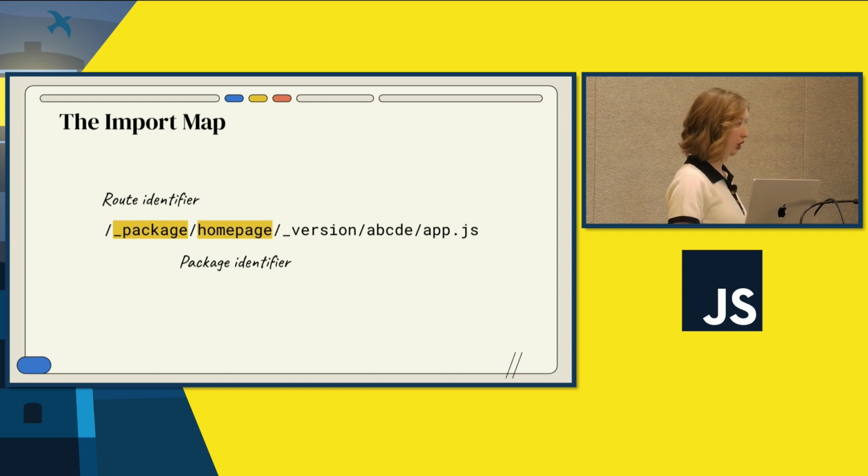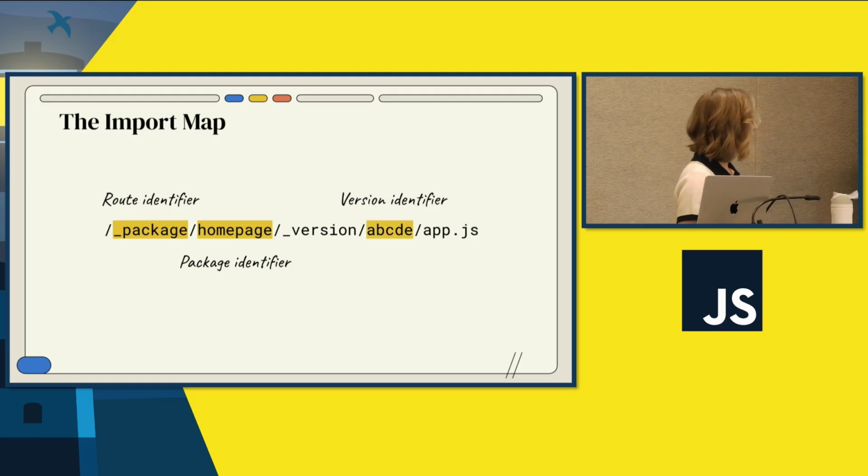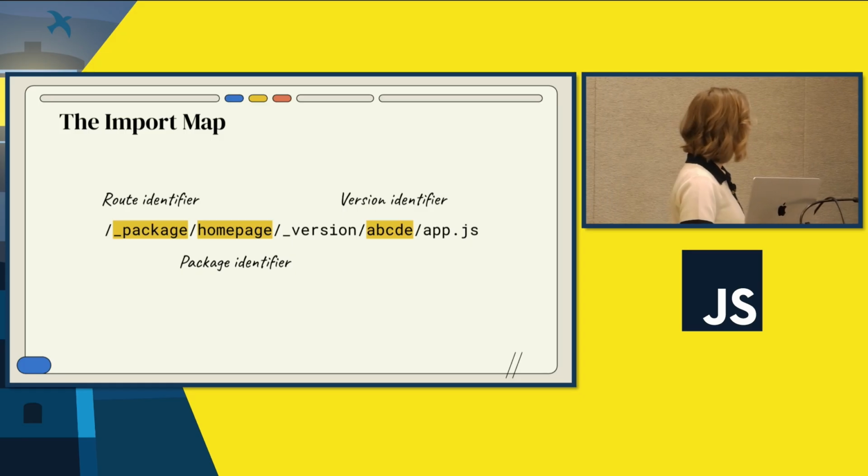Next, we have the package identifier. Because we've stripped the key value and we're only getting the value at this point, we still need a way to say, hey, you're looking for homepage assets right now. So the system reads this and understands that's what it needs to look up. Next is the version identifier. This is normally a 40-character Git hash. So you can use whatever you want. You just have to make your system understand it.